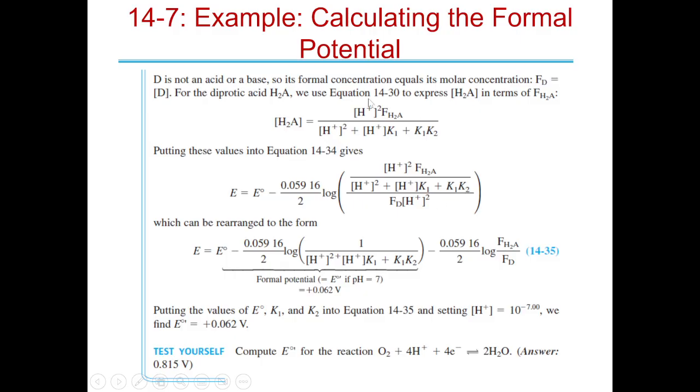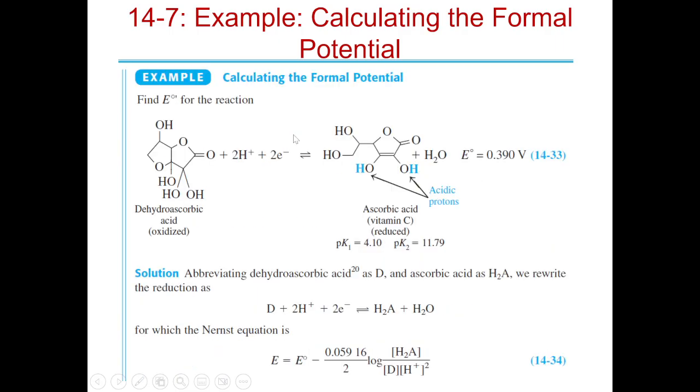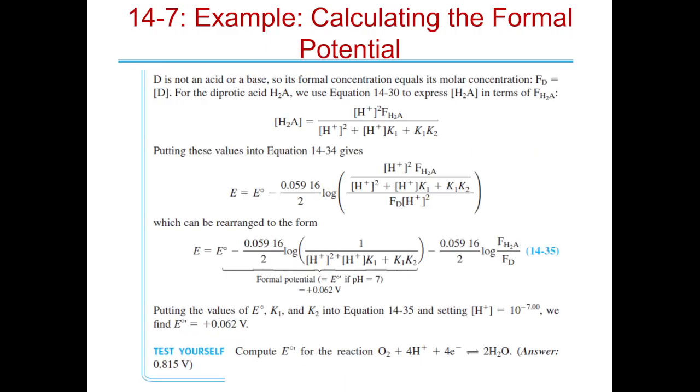Anyways, so this equation right here gives you that fraction that's in the H2A, right? And so you can substitute this equation here for that concentration of H2A right here. Okay? And that's what we're going to do.